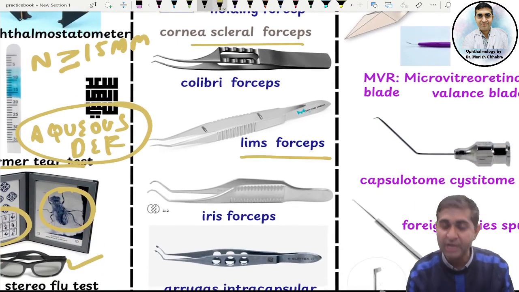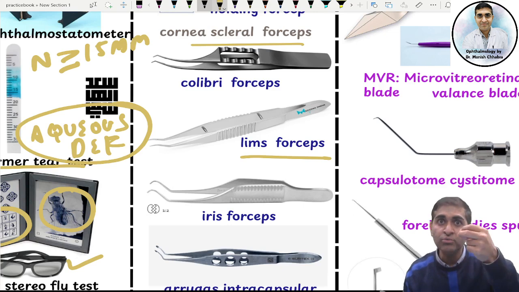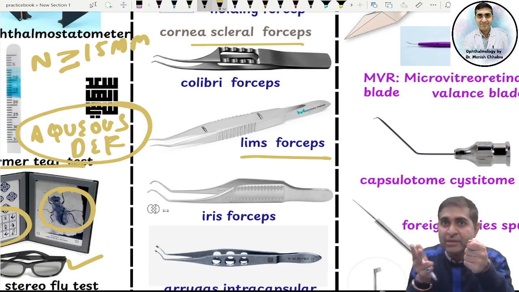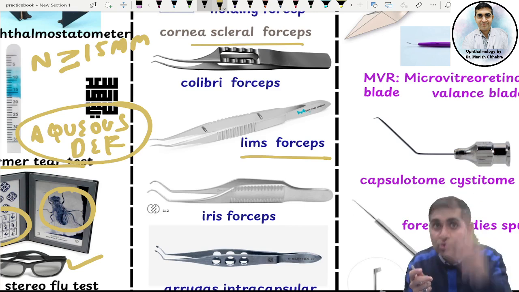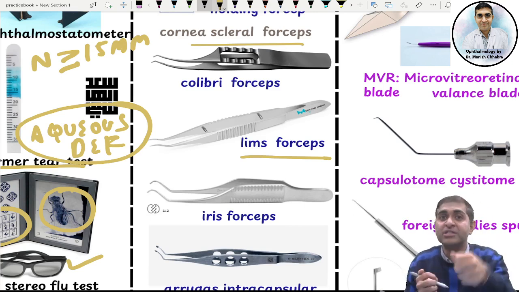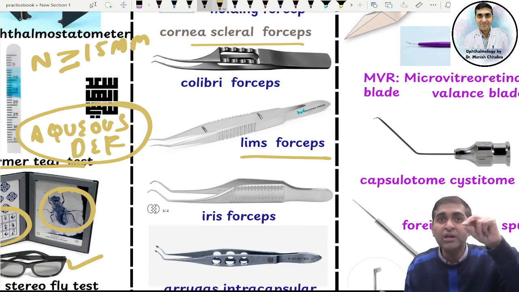This is limbal forceps. Limbal forceps is used to hold the conjunctiva at the limbus or elsewhere, maybe to stabilize the eye, or you are doing some surgery on one side or the other side. So basically these are the forceps which you use to hold the structures, maybe conjunctiva, cornea. With limbal forceps, you can even hold the sclera.